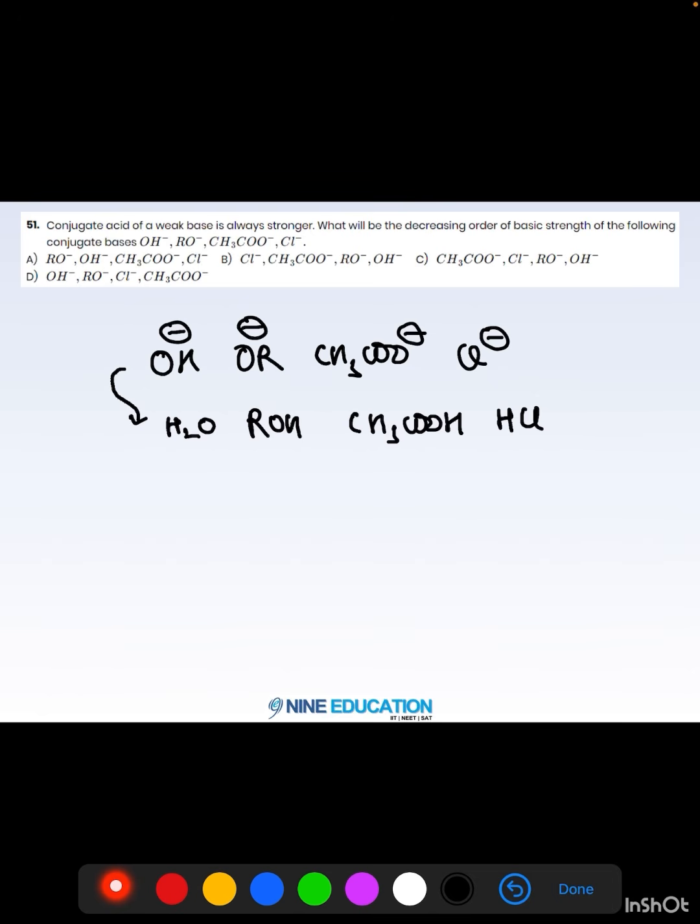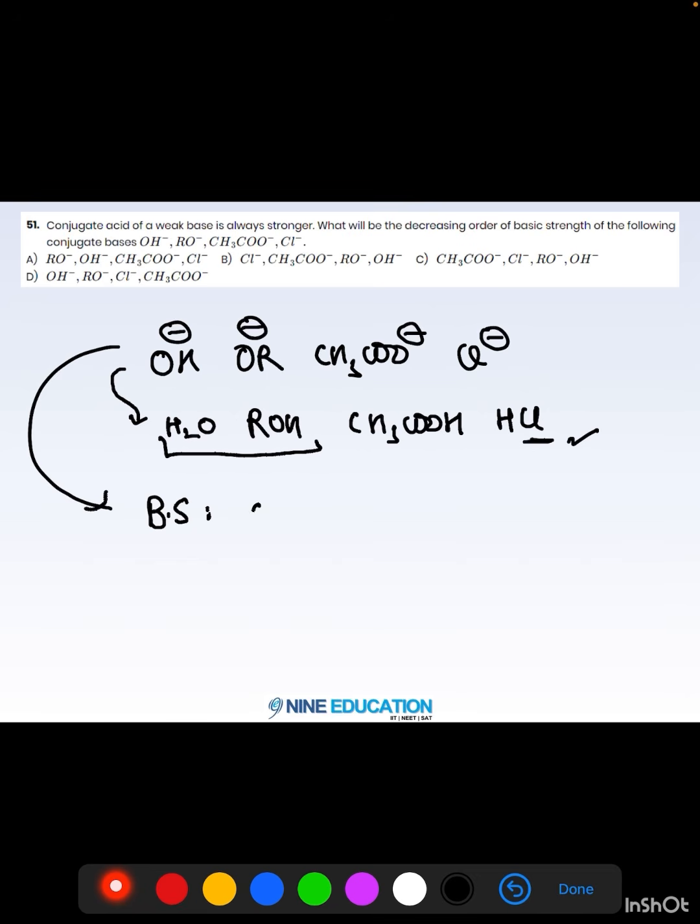Now we all know that HCl is a much stronger acid than acetic acid, and out of water and alcohols, alcohols are weaker acid than water because of the plus I effect of R groups. So if acidic strength goes this way, HCl being more acidic than acetic acid and then water and then alcohol, can I say that the order of basic strength for these conjugate bases would be what?